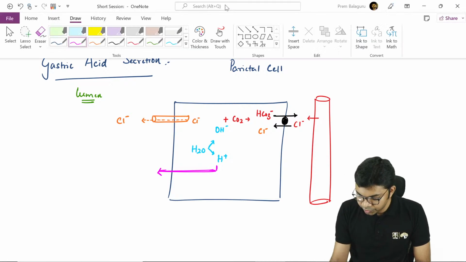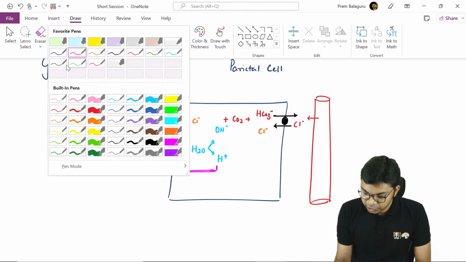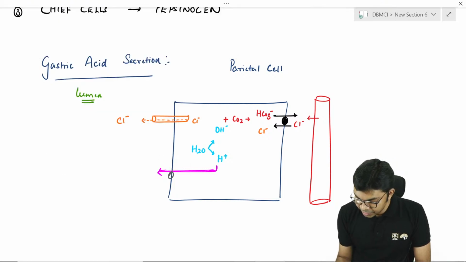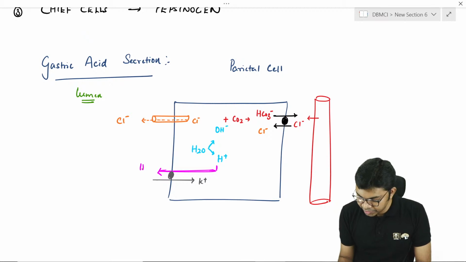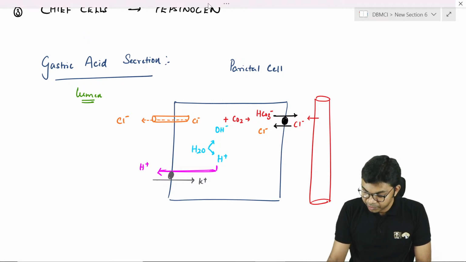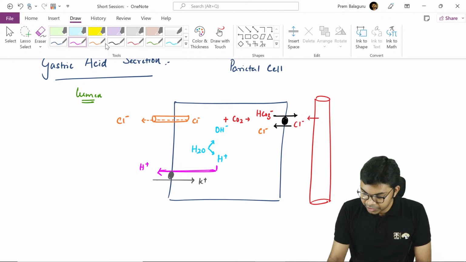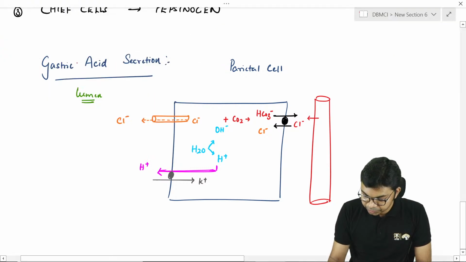We are going to see transport of hydrogen ion in exchange for potassium. And this transporter is called hydrogen potassium ATPase, doctors.